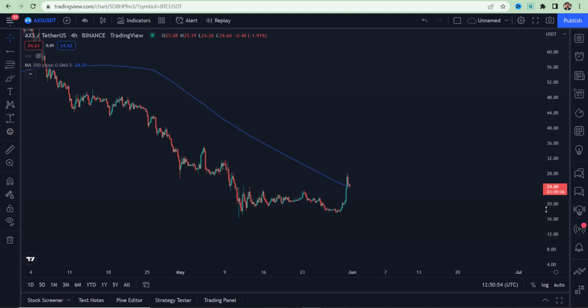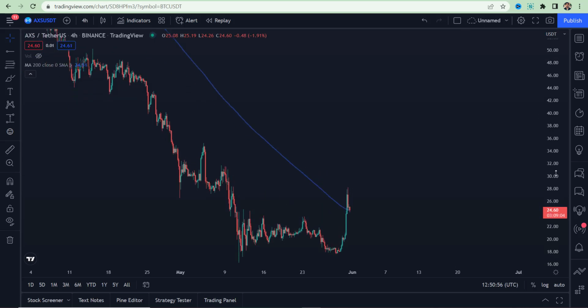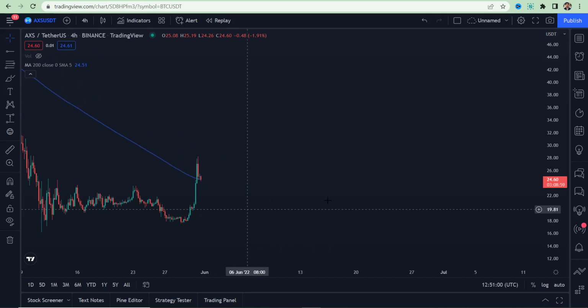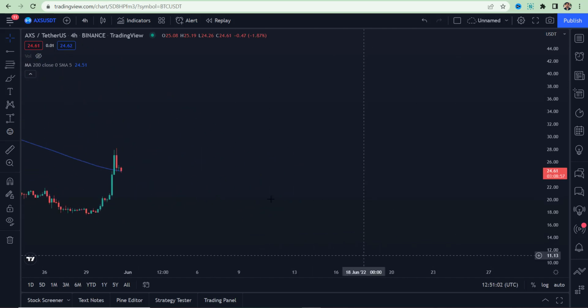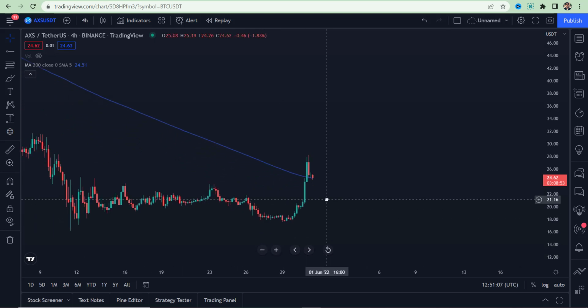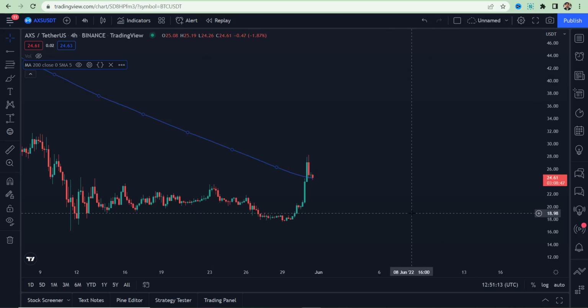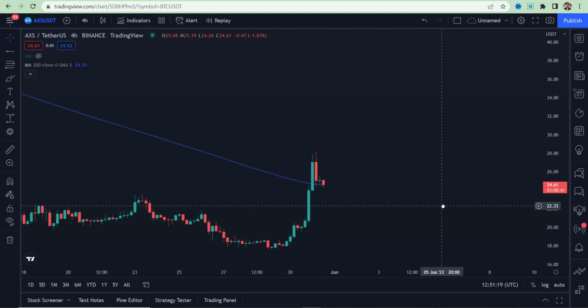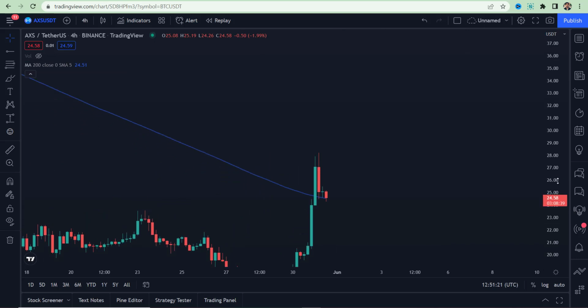So we have seen a huge surge of price in Axie Infinity today, in the last 24 hours. You can see that this line is the 200 moving average, and Axie Infinity pumped right across this line and has converted it into a support level.